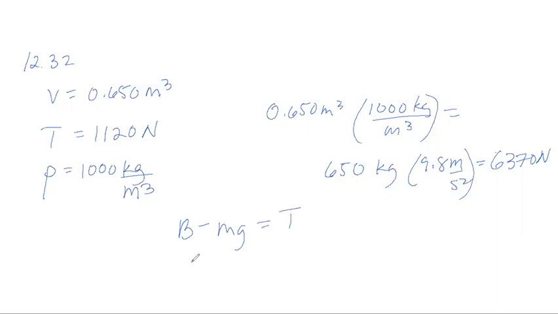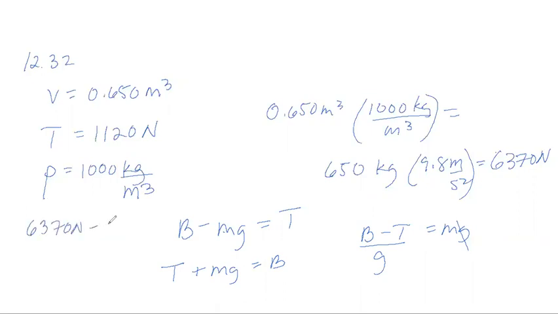So T plus mg equals B, but how about B minus T equals mg, and then B minus T over g equals m.